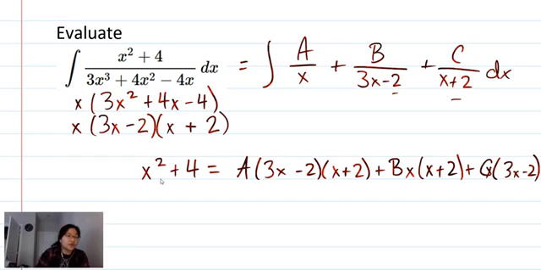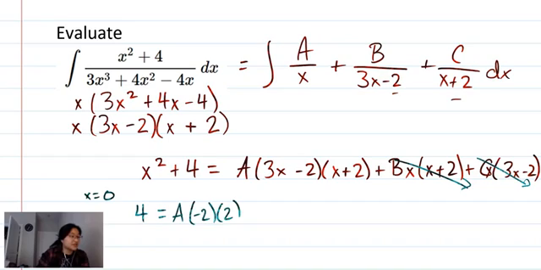And so let's say that x is 0. Why is x 0? Because that means that both of these terms go away. And so then we have 4 equals A times negative 2 times positive 2. So A is negative 1.